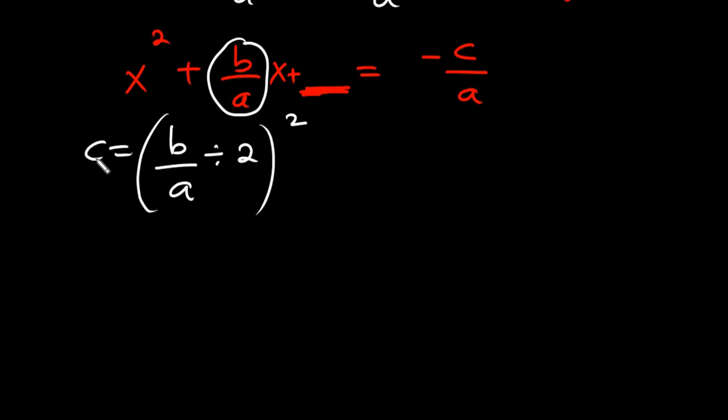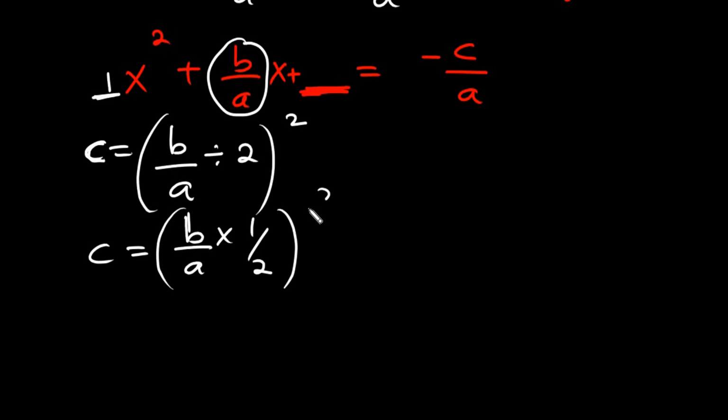Since a is 1 in the standard form, we don't have to write it. So b over a divided by 2 is the same as b over a times a half, which can also be rewritten as b over 2a. So when we square this, we are supposed to get the value of c.